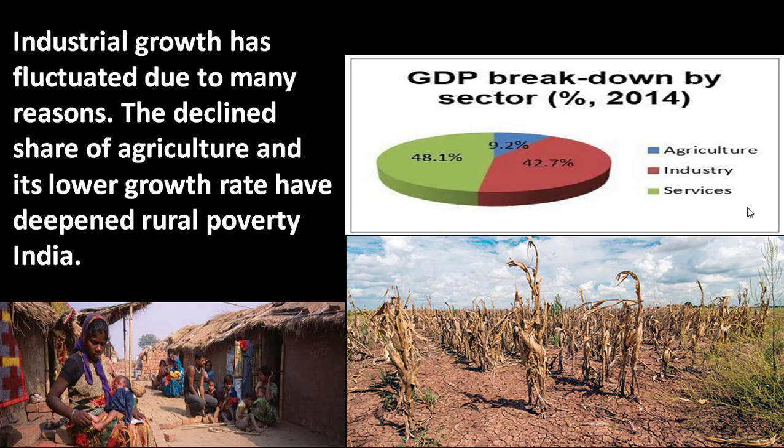The declined share of agriculture and its lower growth rate have deepened rural poverty in India. This is about the growth rate of all the three sectors, calculated from Planning Commission data.